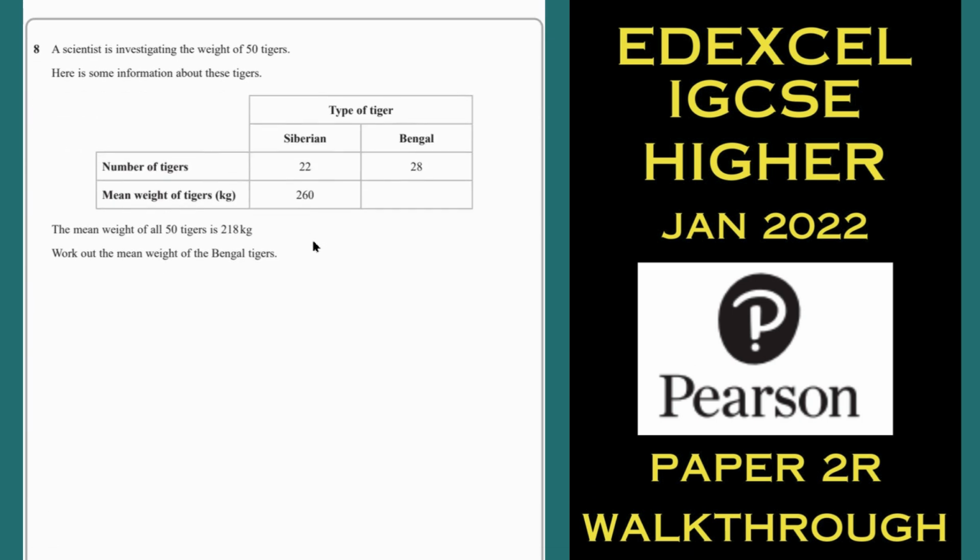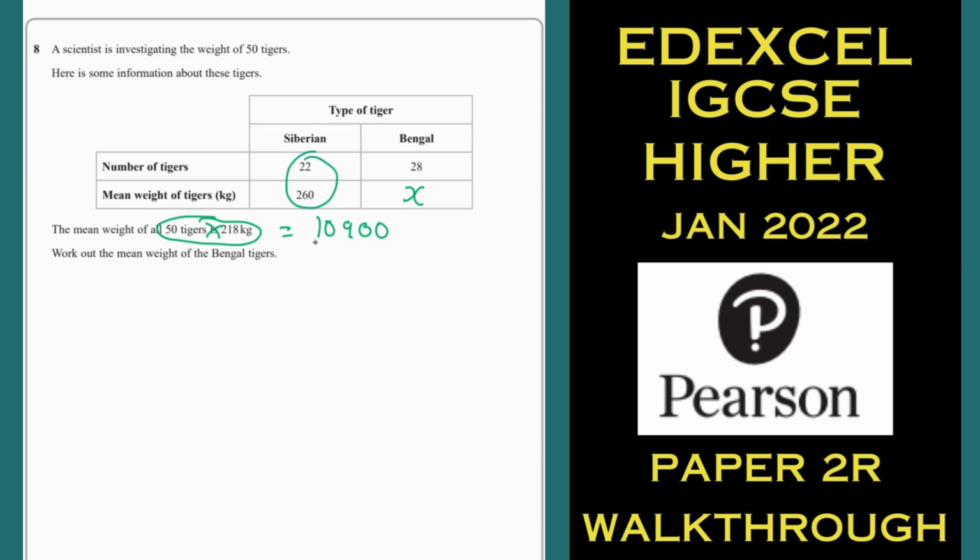Number 8, we've got a good old scientist question, but who cares? It's one of those mean questions, not as in mean as in mean average. We don't know a specific bit of info, but we do know totals. 50 tigers, mean of 218, means total weight of all the tigers is 10,900.